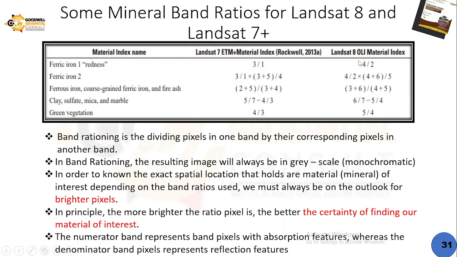So band 4 is the absorption band and band 2 is the reflection band. So always look out for the absorption and the reflection bands. Once you divide them in the right order, go and look out for the bright pixels or bright pixelated areas.